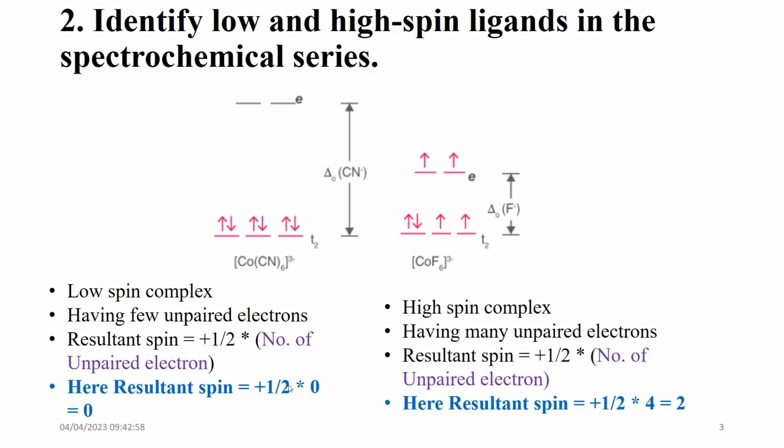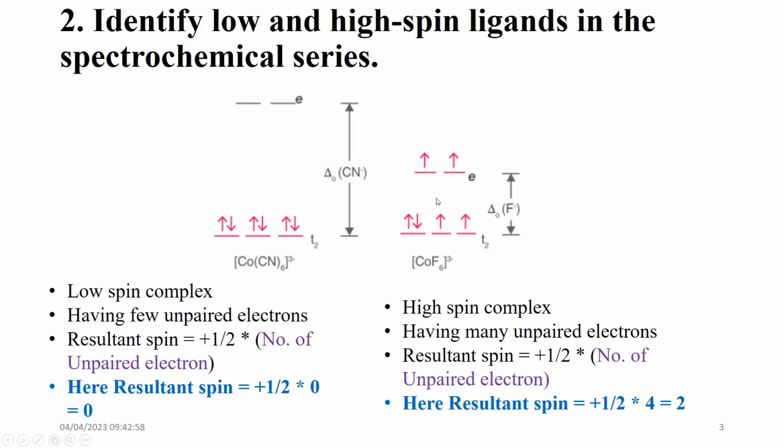For example, in this complex, hexacyanocobaltate(III), it has no unpaired electrons. So the resultant spin will be a half times 0, which equals 0. So it is a low spin. And in this other example, the cobaltate(III) complex has 1, 2, 3, 4 unpaired electrons.